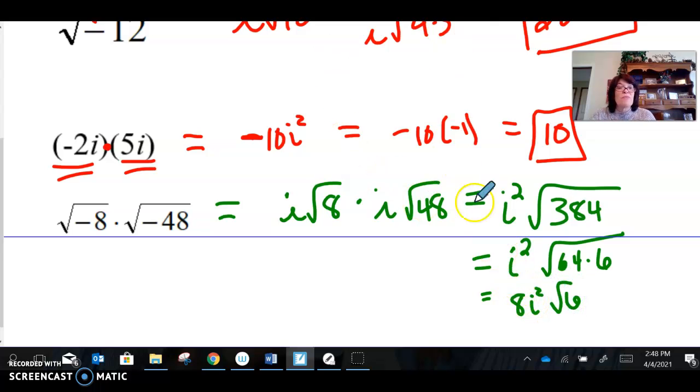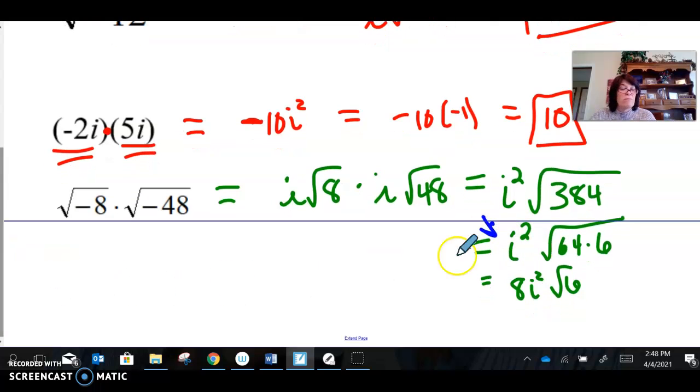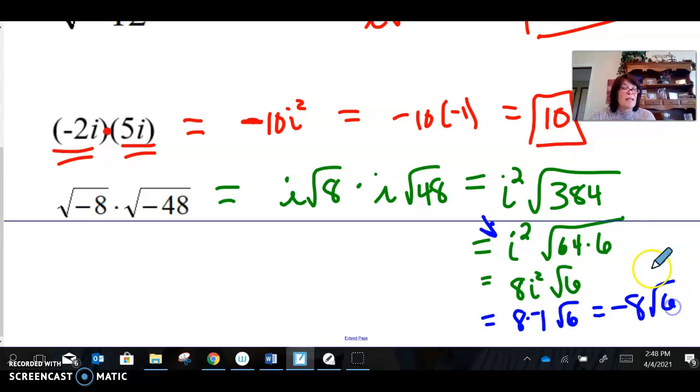And this whole time, you've probably been thinking, wait a minute, i squared, I can write that as negative 1. This is 8 times negative 1 times the square root of 6, which is negative 8 square root of 6. Again, two imaginary numbers, multiplied them together, and got a real number.